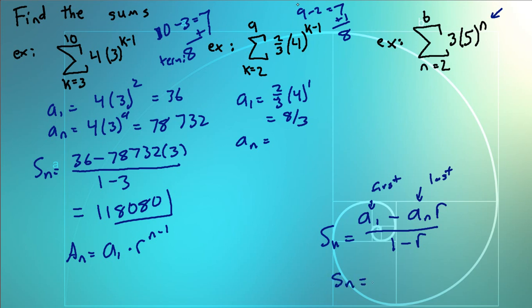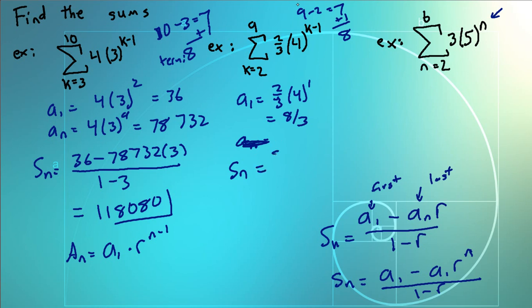Now, if I were using this other one, well, now I do care about how many terms I have. If I use this second one, I actually don't need to find my nth term. So let's go ahead and try that. Let's not do it that way. Let's do this second formula.